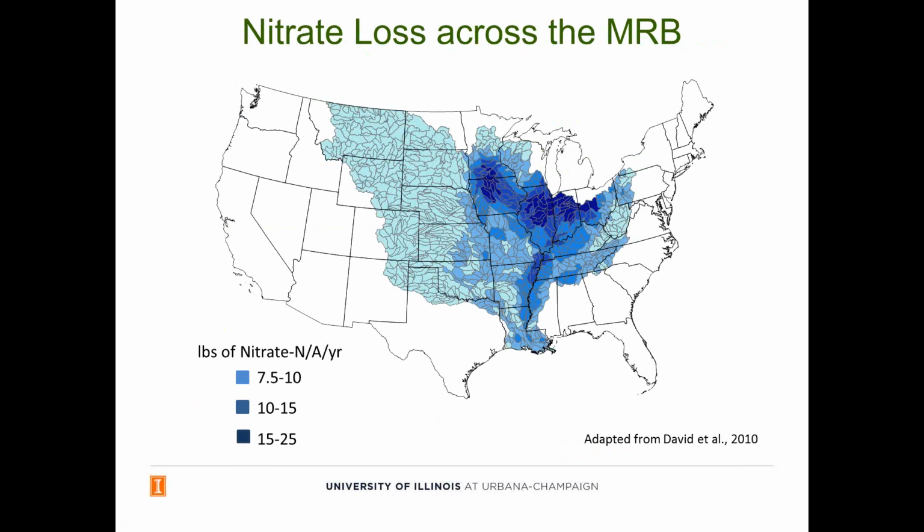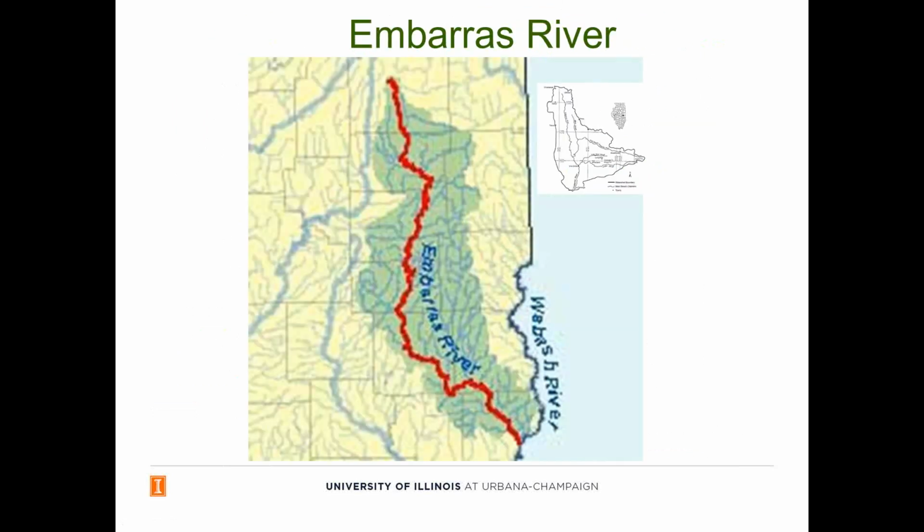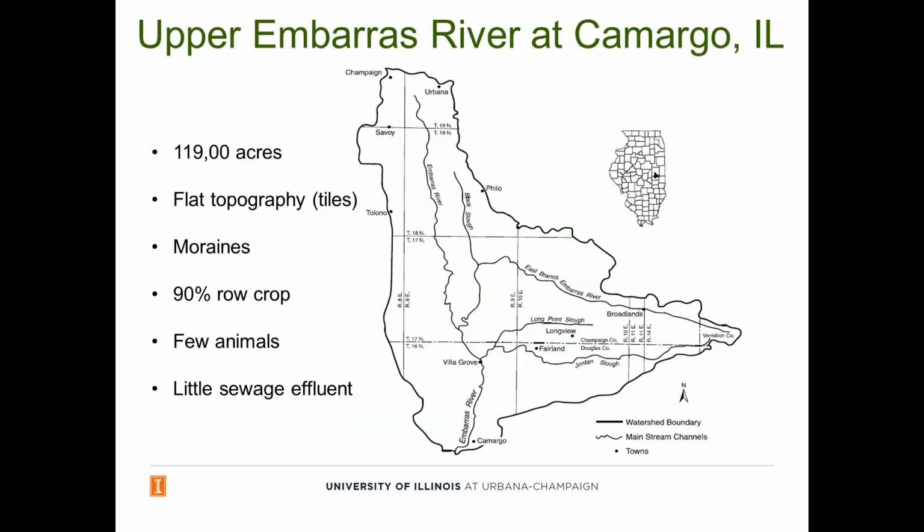And I'm going to show you a watershed that starts at the southern edge of Champaign-Urbana, and show you what we find in that watershed. It's the Embarras River, which enters into the Wabash at the Illinois-Indiana border, and then this is a close-up of the upper Embarras River watershed, where we have been sampling the outlet.